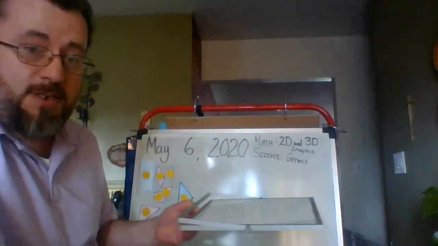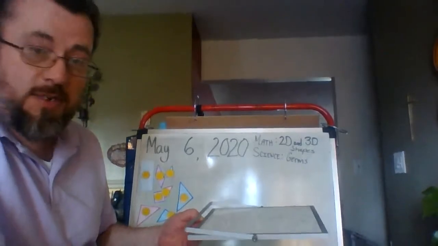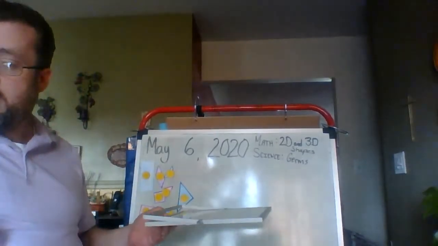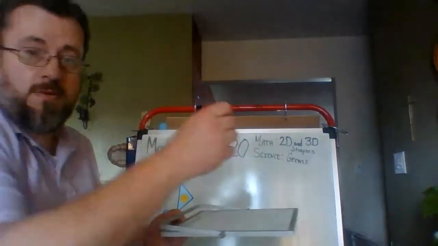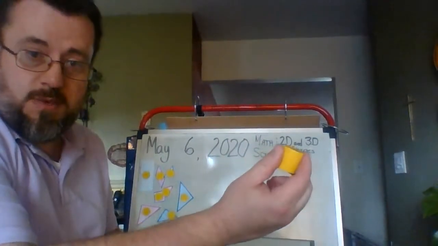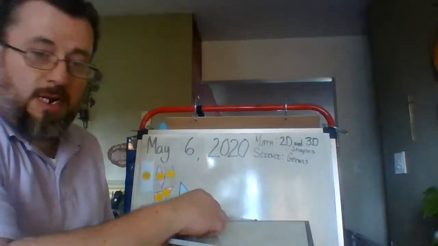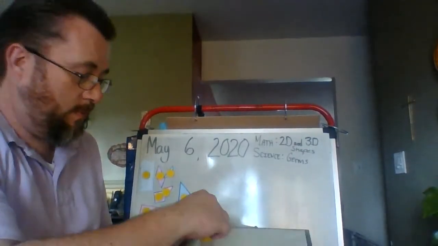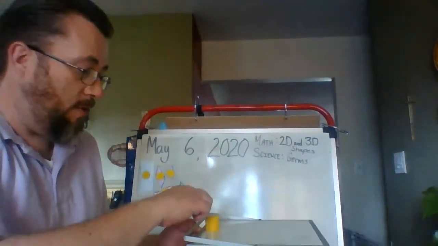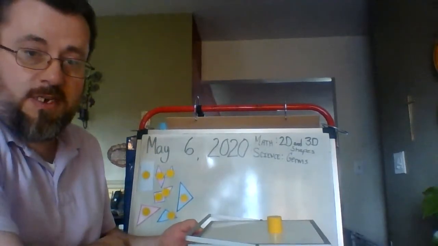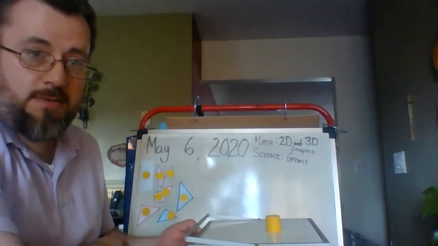So what I have here is a little whiteboard that I'm going to use as like a tray. And I'm going to start with this cylinder. If I put it on my whiteboard and I give it a push, when it's sitting like this, it will slide.